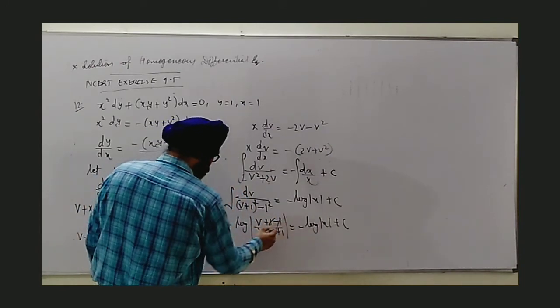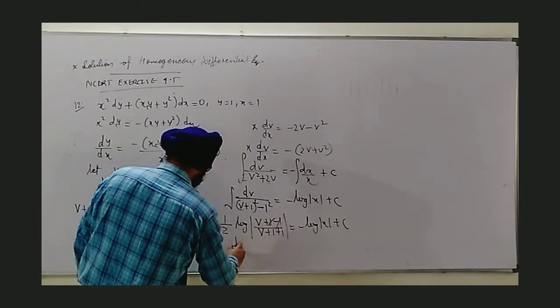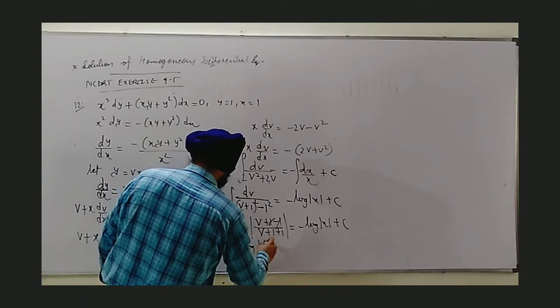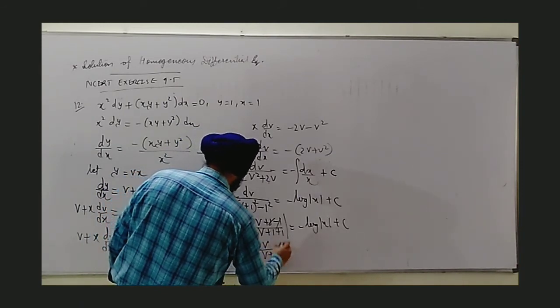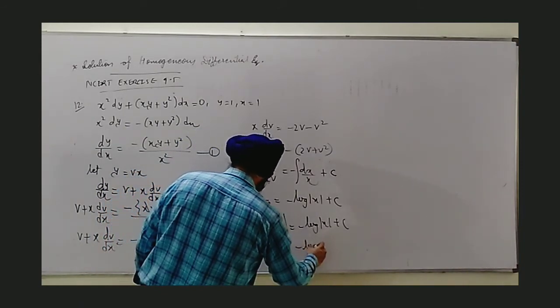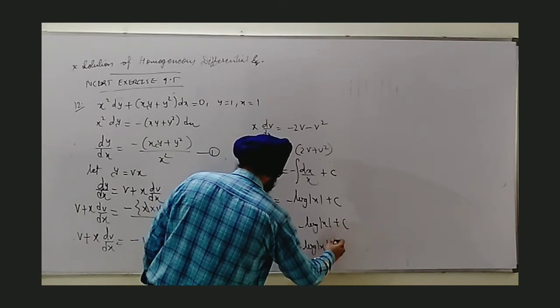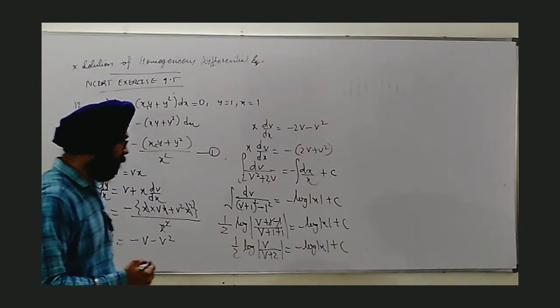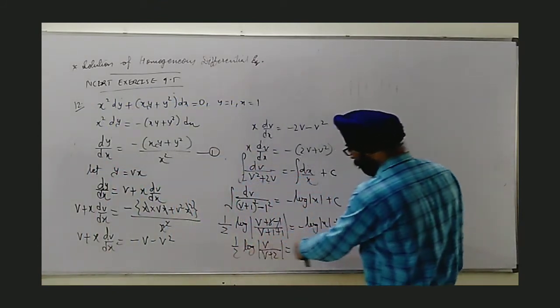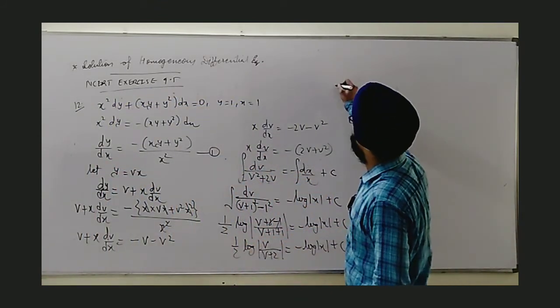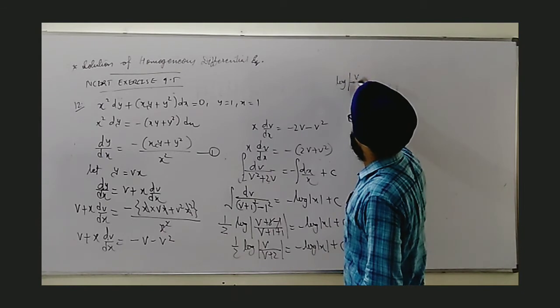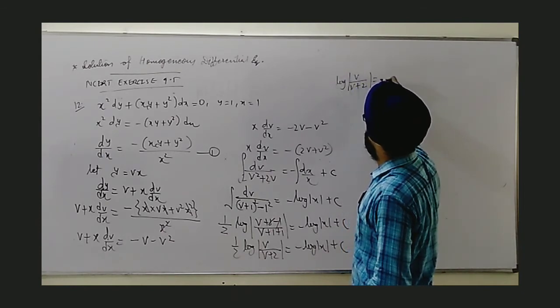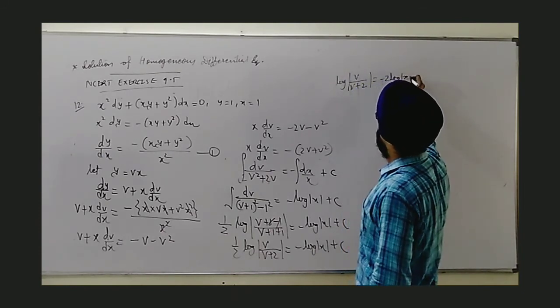So this cancelled out and we are having half log mod v upon v plus 2 equal to minus log mod x plus c. As there are two terms of log, we will try to make them one. Half can be multiplied, 2 can be multiplied to each term. We get log v upon v plus 2 equal to minus 2 log mod x.